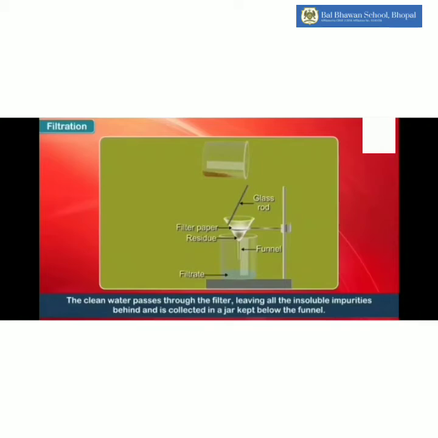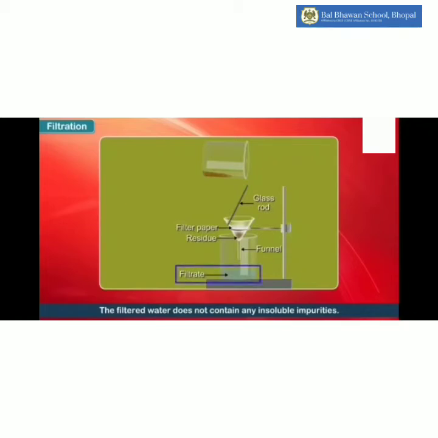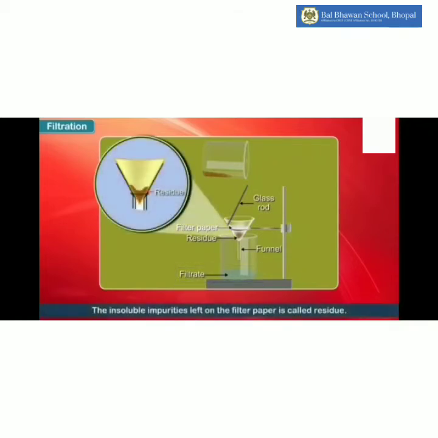The clear water is called filtrate, and the impurities are called residue. The filtered water does not contain any insoluble impurities. As the filter paper has small pores on it, the insoluble impurities are left on the filter paper and are called residue.